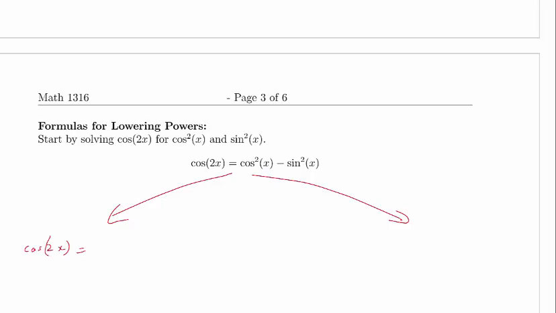And we're going to substitute out our cosine using the Pythagorean identity. Like so.